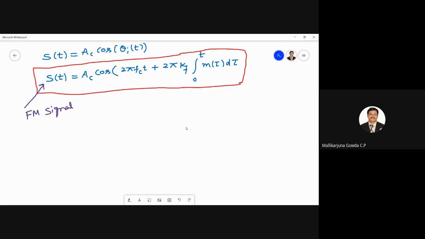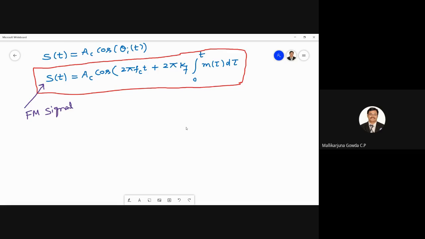I hope you understand. That is the frequency deviation.